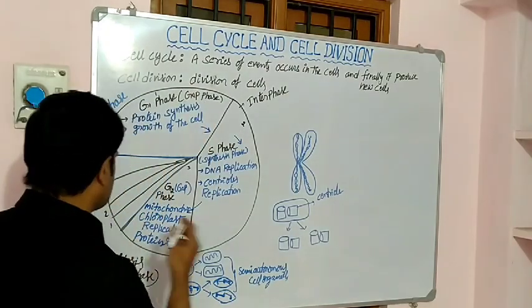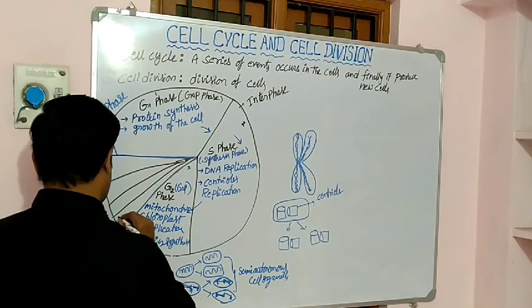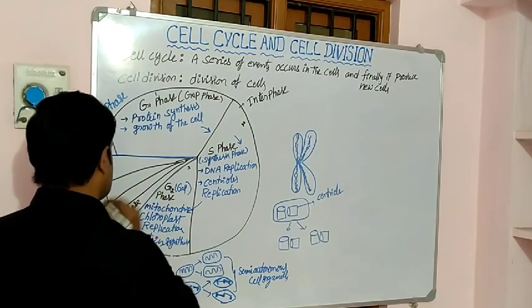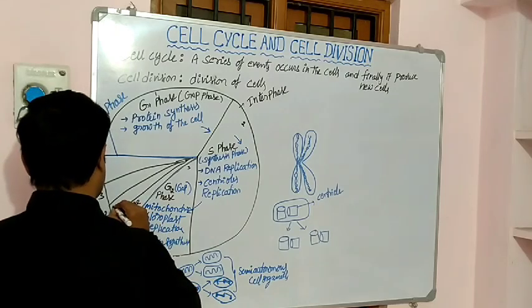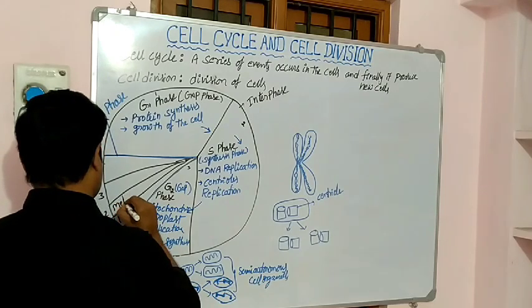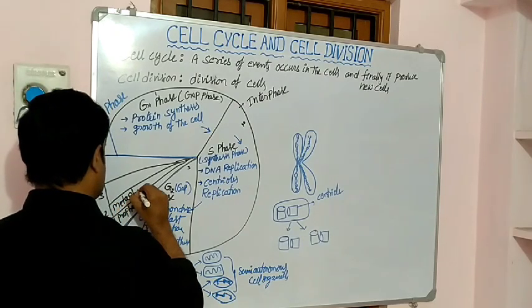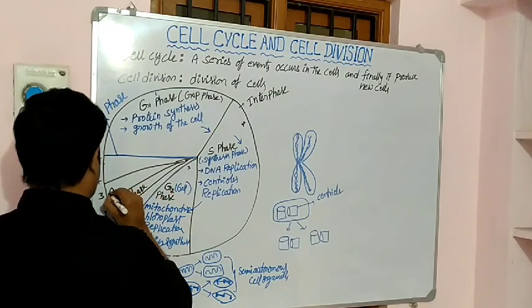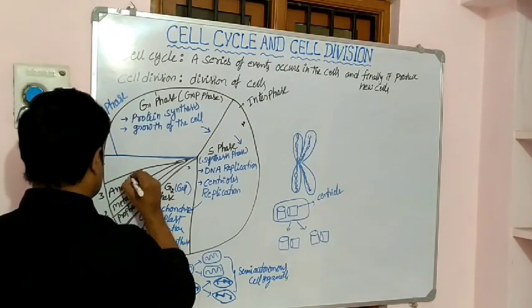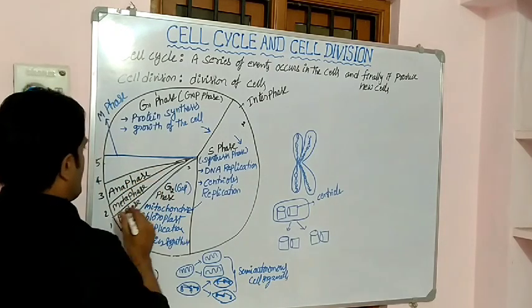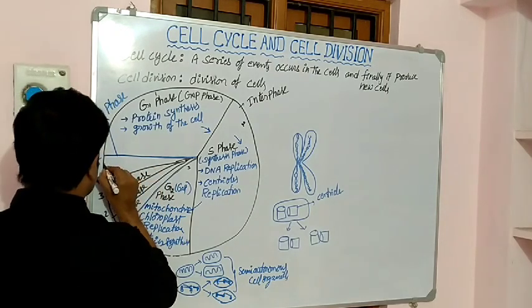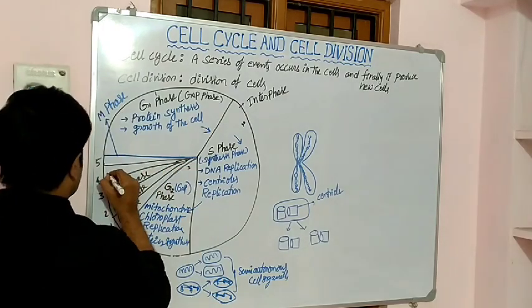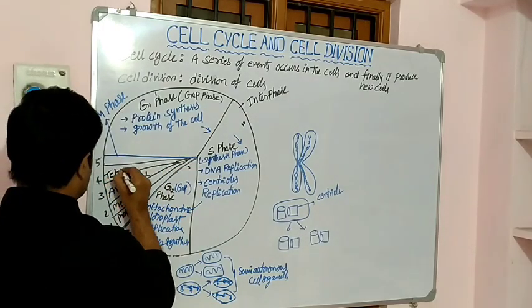First one is called prophase. Second one is called metaphase. Third one is called anaphase. Fourth one is called telophase.